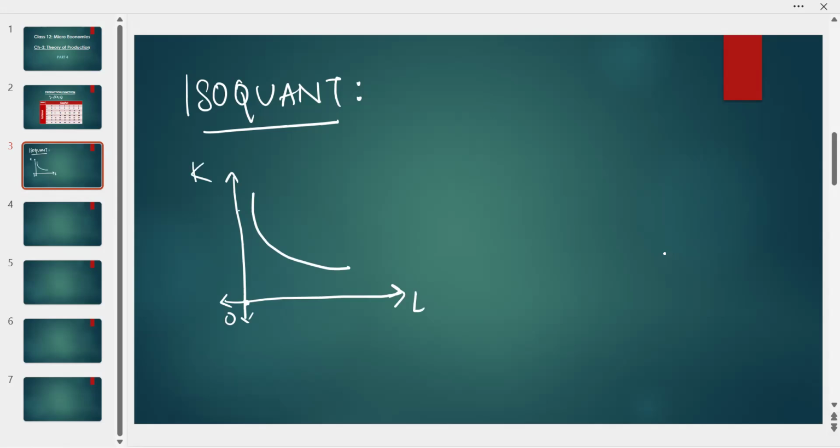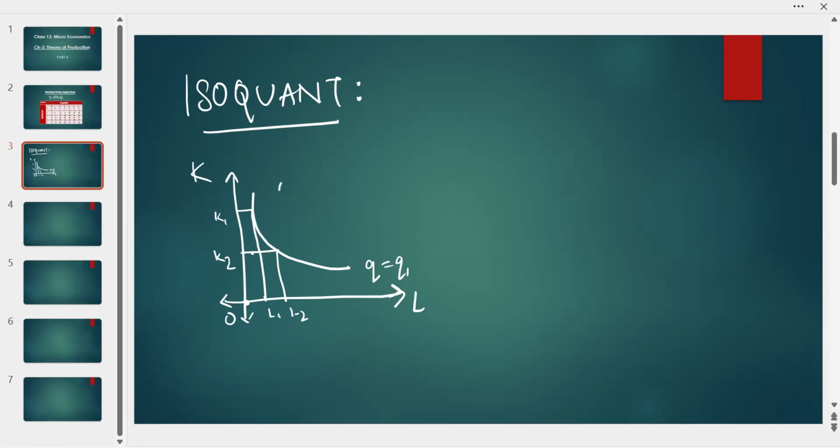It is the combination of two inputs, let's say K1 and L1. These two inputs are producing the output Q1. There are multiple combinations of inputs that can produce this output Q1. It can be produced using K1, L1, and it can be produced using K2, L2, right?